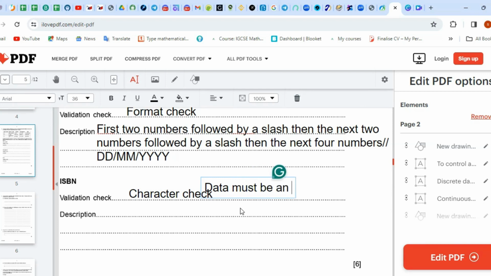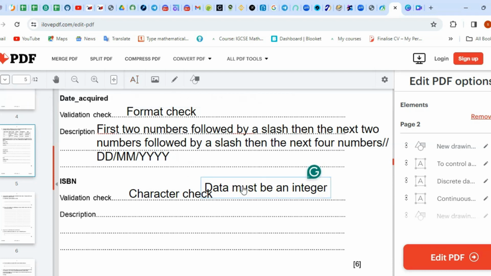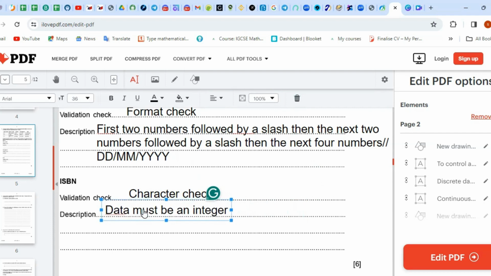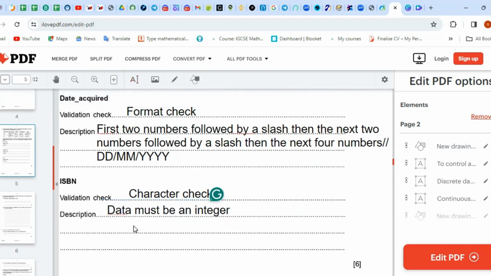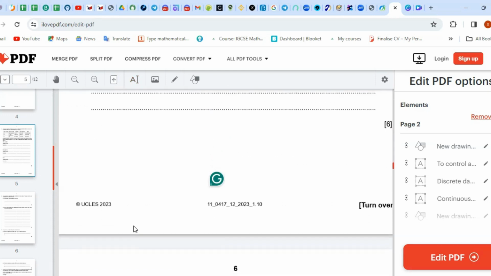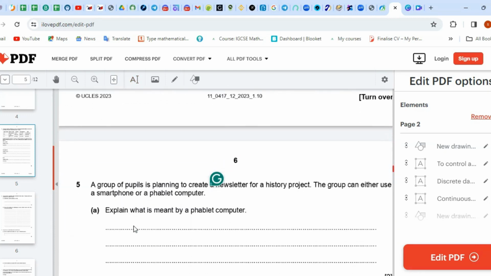We all know an integer, right? Good. So our data must be an integer. That's the description of a character check under ISBN. You know ISBN is a number. All right. So let's proceed to question number 5.